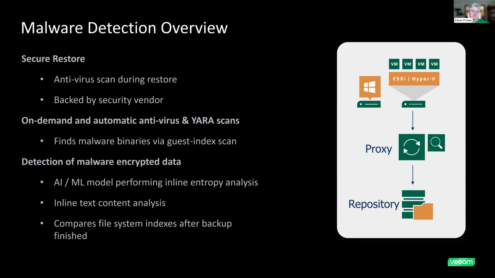And this is where Veeam has solutions for all of the scenarios, right? So we talk about a secure restore. This is our ability to, hey, I've got an attack going on, I need to restore my information. You don't want to restore that malware back onto it.